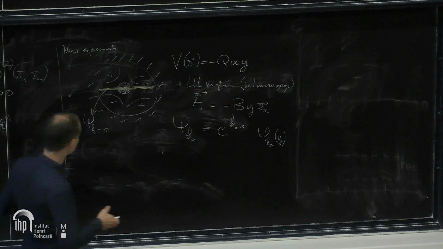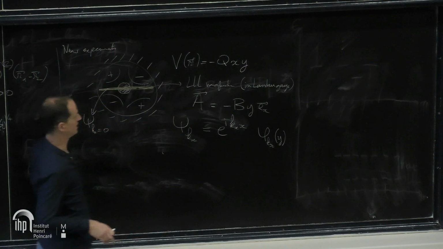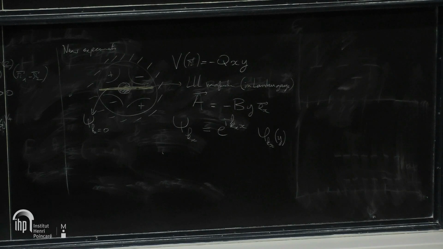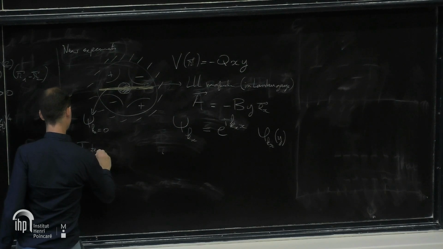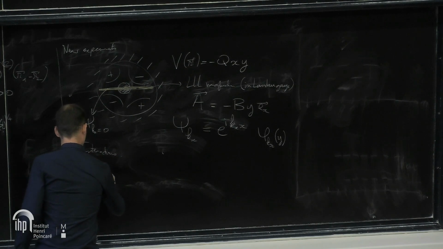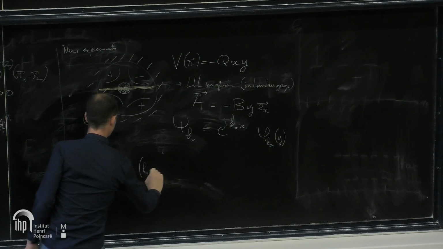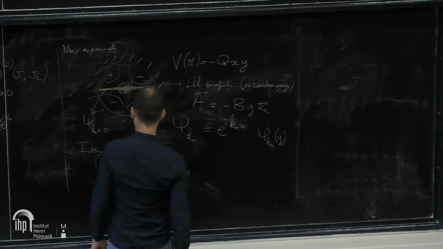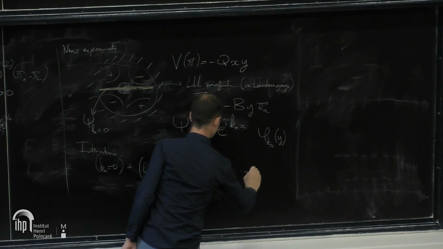And a second experiment they have made is to switch off this deformation and let interactions act. And what they could observe, so interactions, they could observe that there were collisions between atoms in kx equals 0 towards, let's say, plus k, minus k.